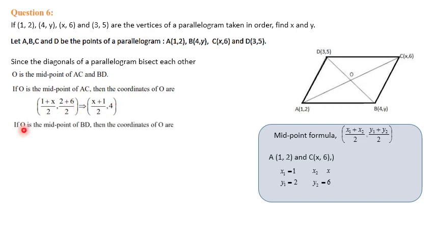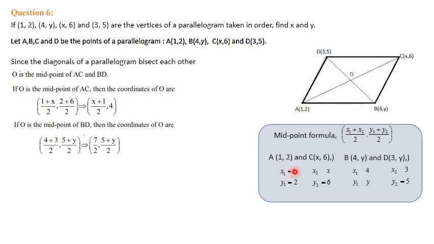Then I am taking the second case, that is O is the midpoint of BD. Two diagonals are there. First diagonal we have taken AC. Second diagonal BD. If you take BD also, O is the midpoint. So you can take B and D, write x1 is 4, y1 is y and x2 is 3, y2 is 5. Then substitute into the formula: (4 plus 3)/2, (y plus 5)/2.